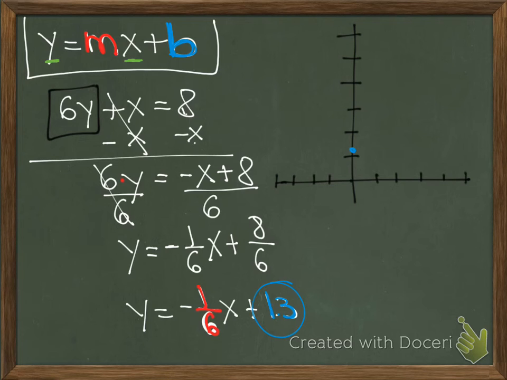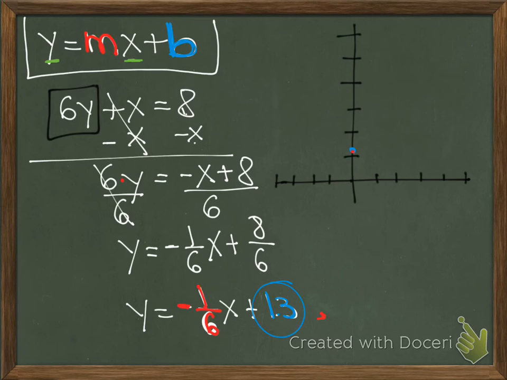Now, I'm going to notice how here my slope is negative, all right? So my line, instead of going upwards, is going to be going downward. So I'm going to start from this point, from my b, and I'm going to come down.